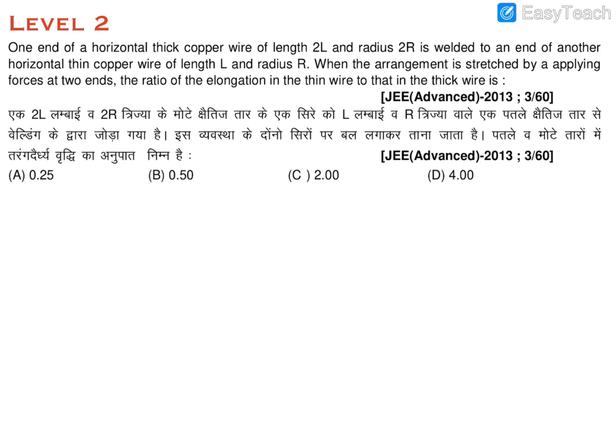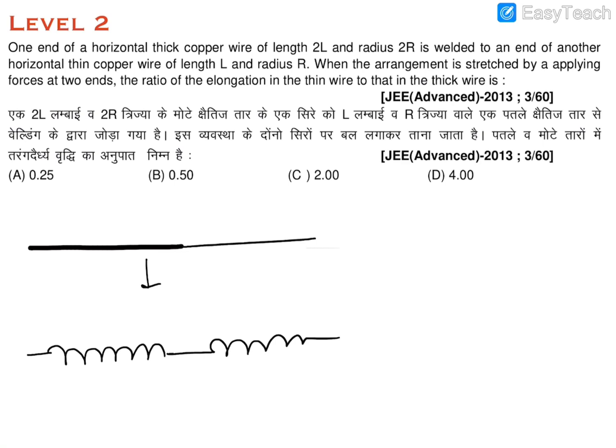Now let us assume that this is a thick wire and here is the thin wire. We are assuming that these wires are analogous to springs. So this is spring number 1 with coefficient K1 and this is spring number 2 with coefficient K2.